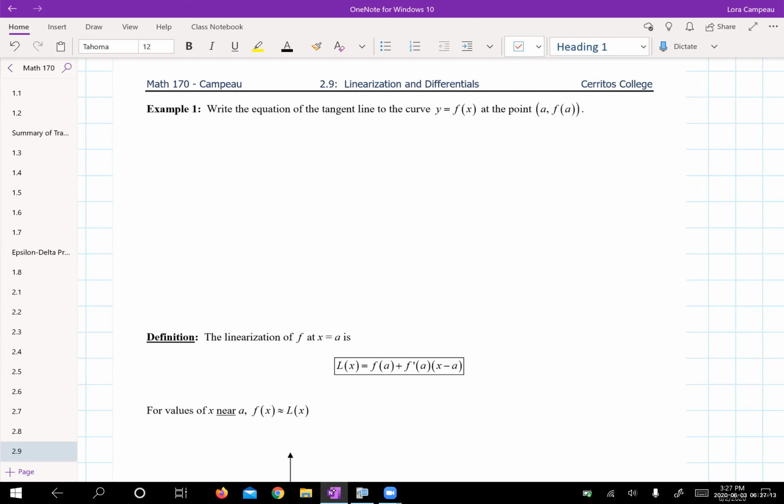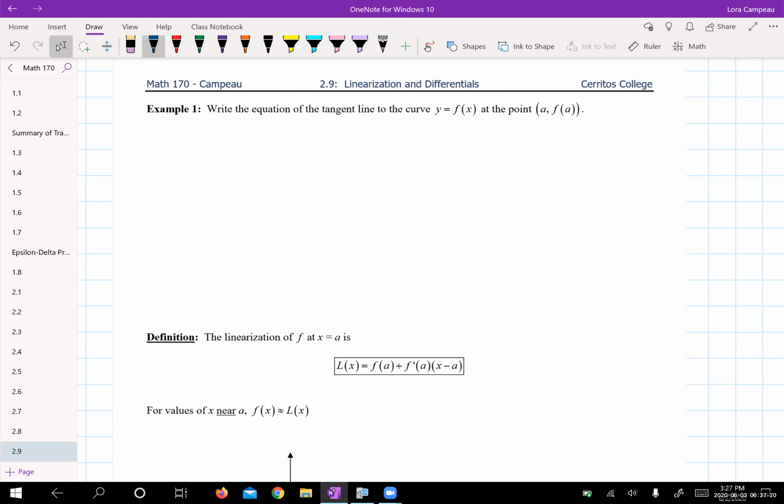So remember, with this problem, we need to find the point of tangency. At this point, they are addressing this as a, and then the function evaluated at a. So it's the x value and the y value.